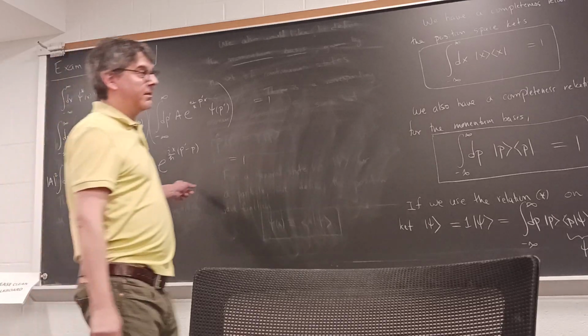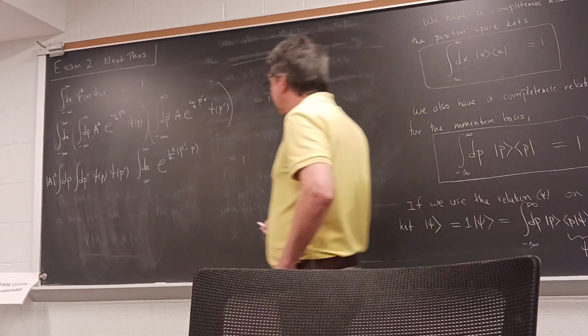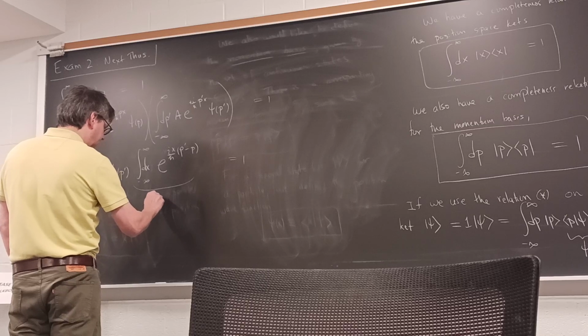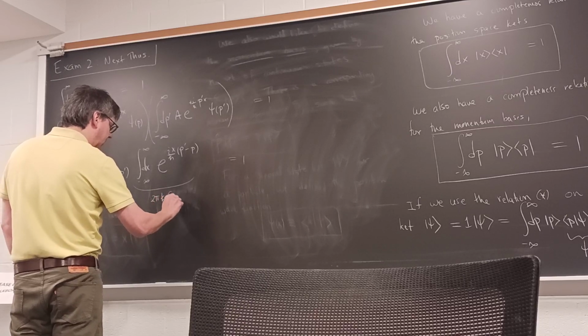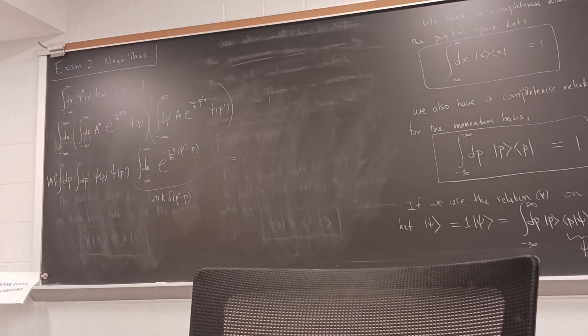So now, just by the definition of the Dirac delta function, this is just 2 pi h bar times the Dirac delta function of p prime minus p. Okay.